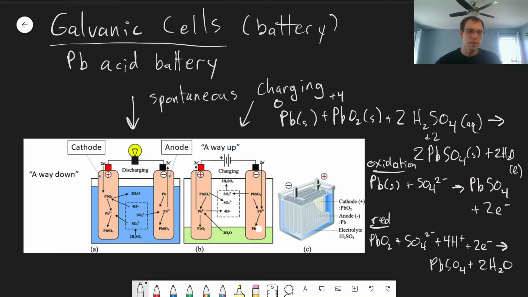Okay, and so each of these reactions is happening in a different part of the cell, and the electrons are being passed in between. So the two sides of our cell are known as the cathode and the anode. The cathode is where reduction happens, and the anode is where the oxidation happens.